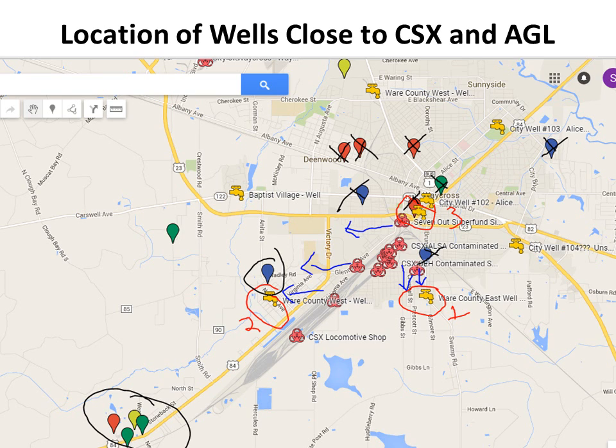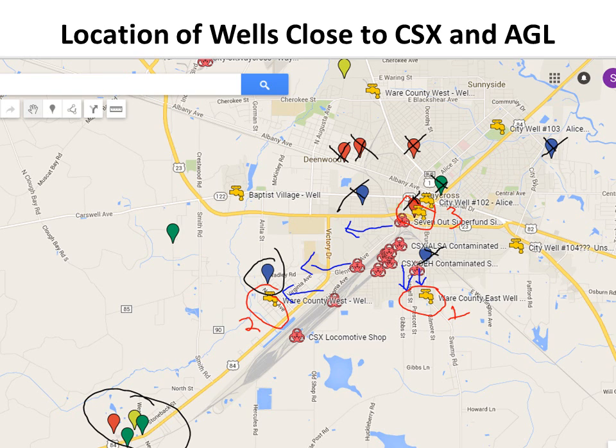Then if we go to the left, over by well number 2, well number 2 is the Emerson Park well, which is circled in red with a 2 beside it. And then you'll see the blue lines above that. EPA told us in their documents regarding 7 Out that the water on the north side of CSX ran west.